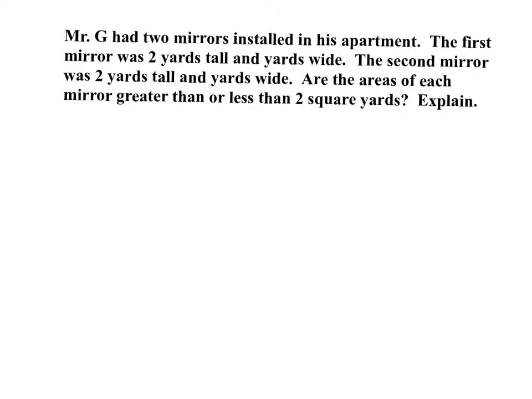by. So we're going to start with mirror 1. With mirror 1, we know it's 2 yards tall, and we know it's 2/3 yards wide. And area is length times width.